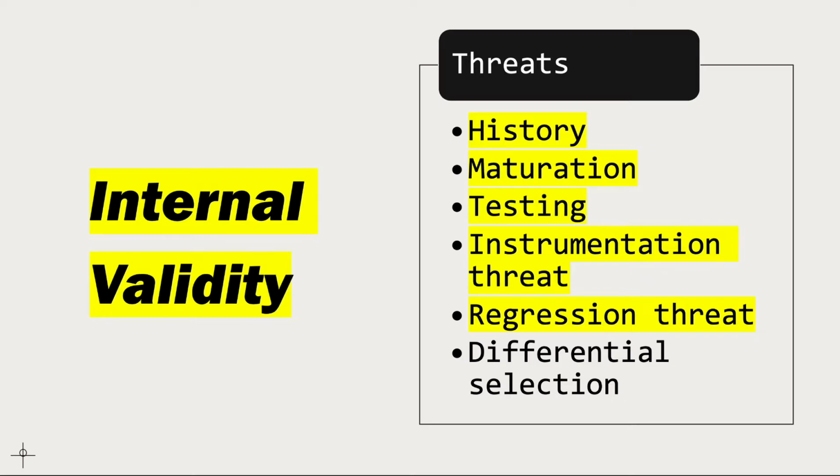The most common threats to this type of design are the ones that are highlighted: history, maturation, testing, instrumentation, and regression threat. So history threat has to do with the fact that depending on the level of laboratory control, so the research control, participants may have experiences other than the intervention or treatment that can ultimately influence the outcome.